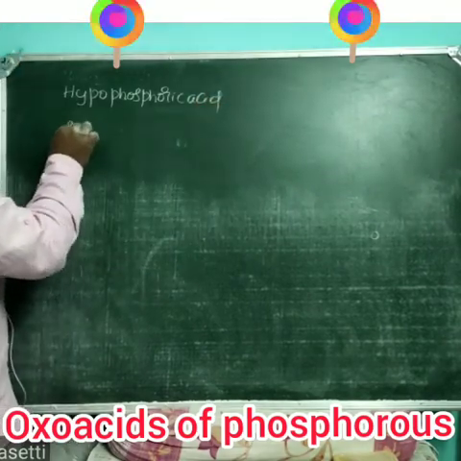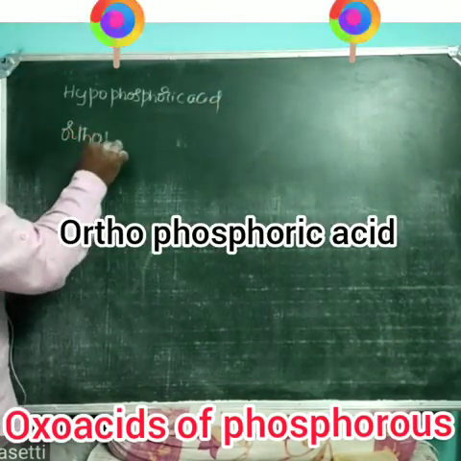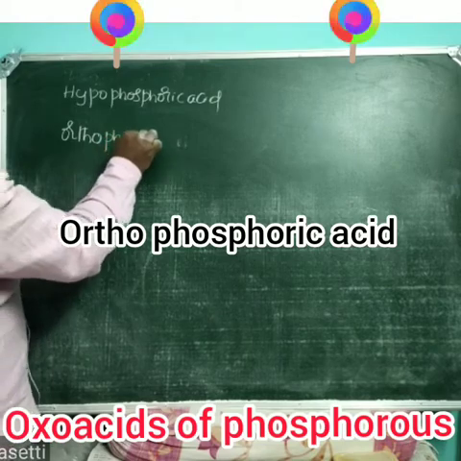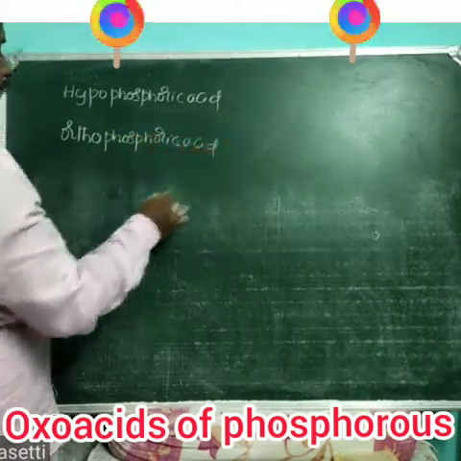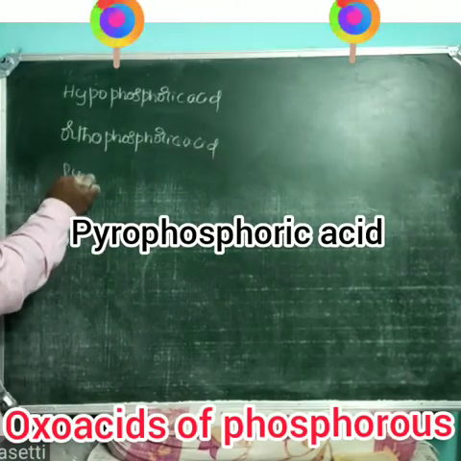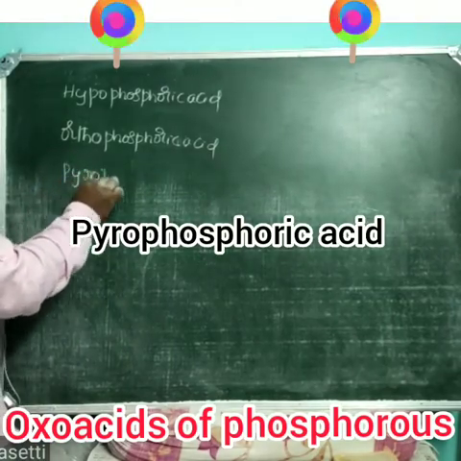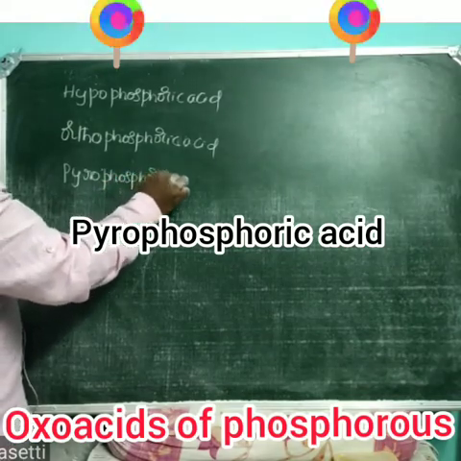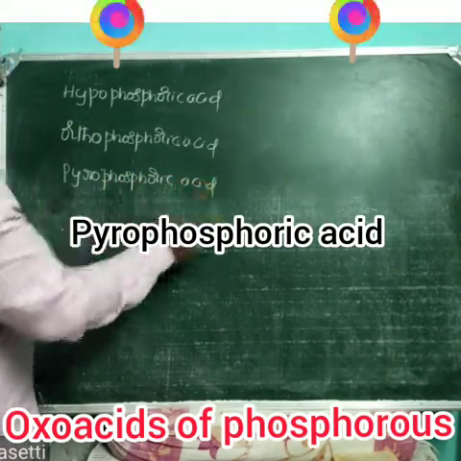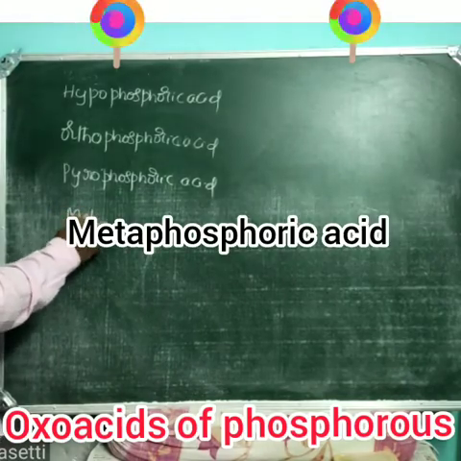Next one, the parent, orthophosphoric acid. Next one, pyrophosphoric acid. After that, metaphosphoric acid.